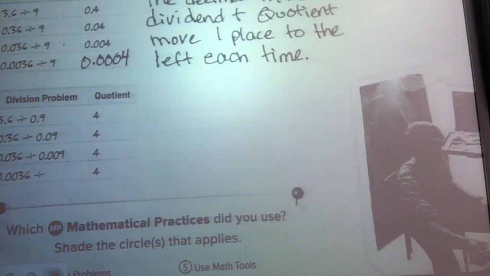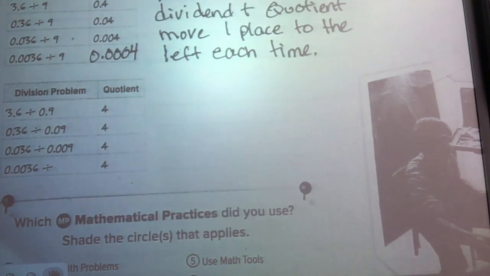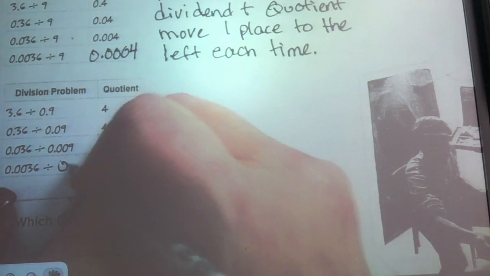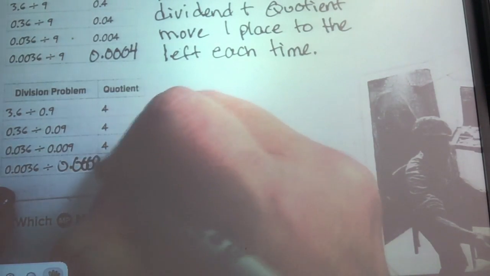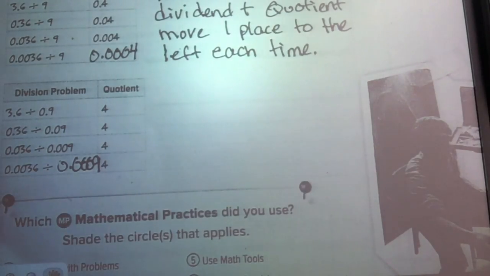The last grouping, 3.6 divided by 0.9 is 4. 0.36 divided by 0.09 is 4. 0.036 divided by 0.009 is 4. 0.0036 divided by what? Right, add another 0. 0.0009 is going to equal 4.